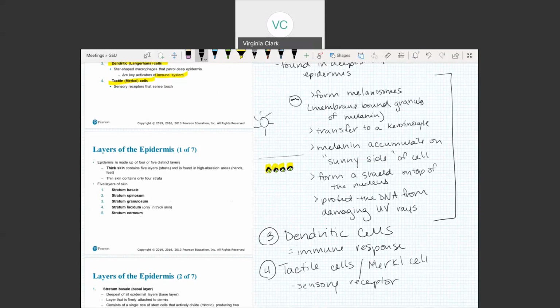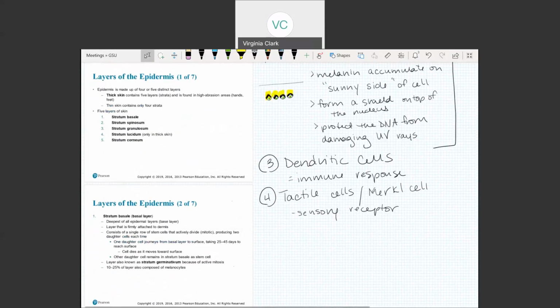The way they are organized is very, very unique. There are very specific layers to this epidermis. There are 5 different types of layers, organized in a very specific manner.